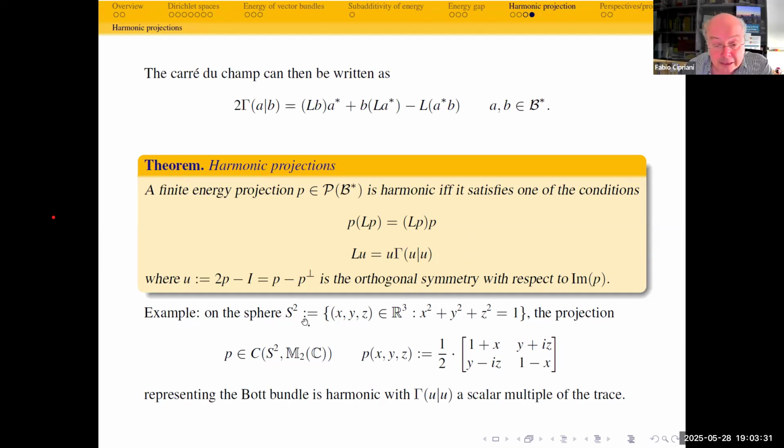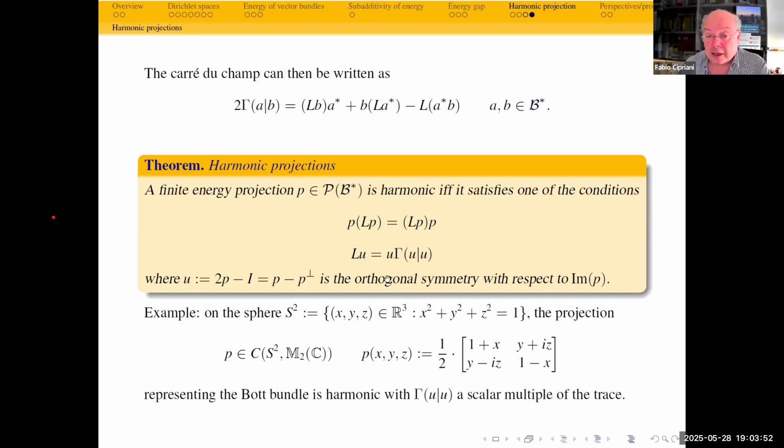In that case, as in the case of the sphere, this Carré du champ, so is essentially the square of the gradient, the square of the derivation, is a multiple of the identity, or better, is a constant multiple of the trace.